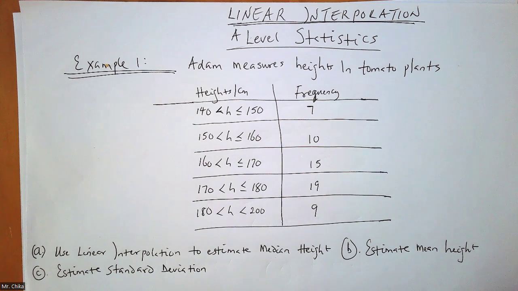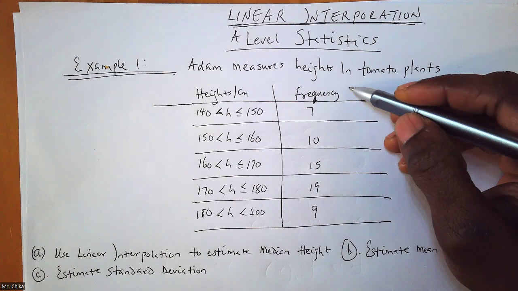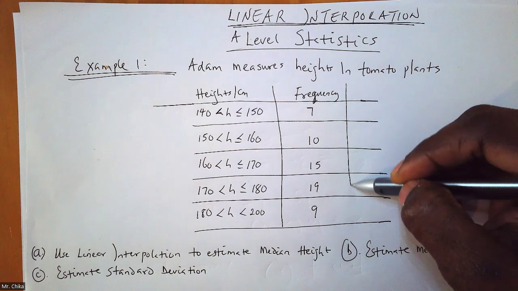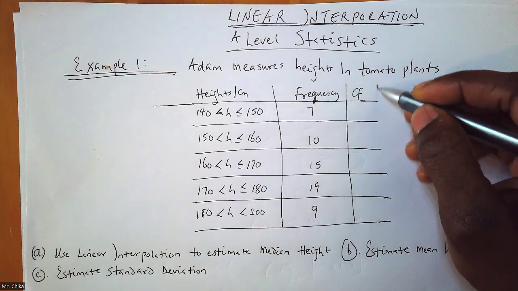All right. So the first thing we have to do is add one more column to the table to find the cumulative frequency, which is CF.